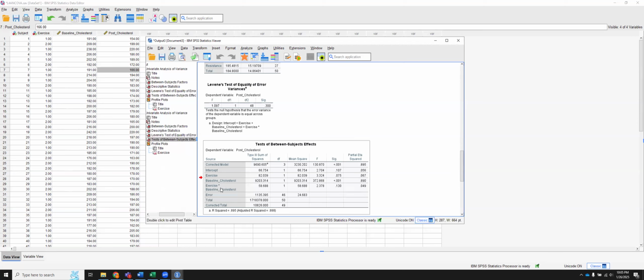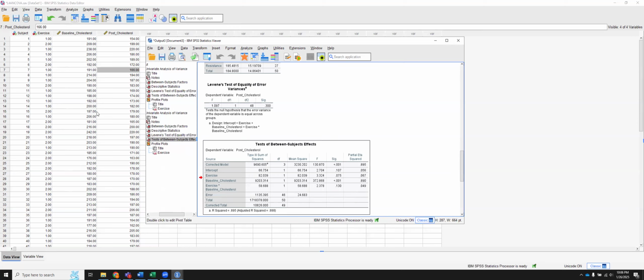The next one is the exercise by baseline cholesterol interaction. The significance level is greater than 0.05, which means there's no significant interaction between the exercise and the baseline level. That is good, because we don't want to see any interaction, since our assignment should be conducted randomly.